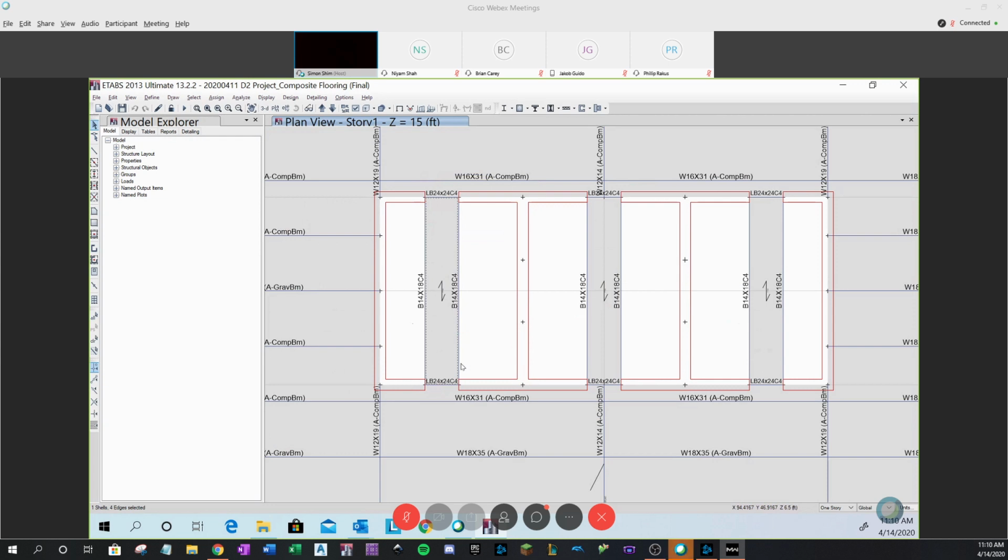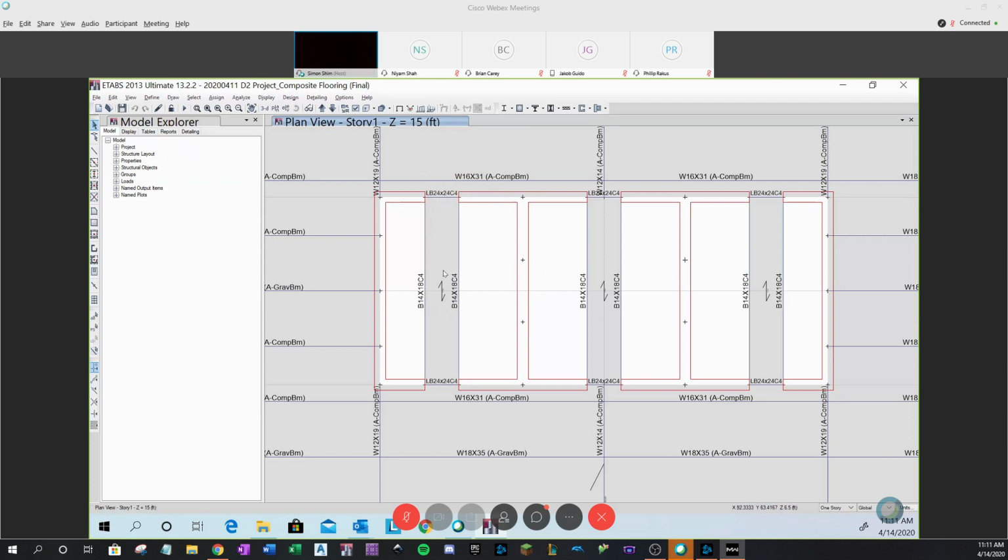I talked about how one way versus two way is mostly defined by the aspect ratio of the slab geometry. So the dimension of one side versus the other side, short versus long, if that ratio is more than two, right? In that case, the square starts to turn into a rectangular shape.